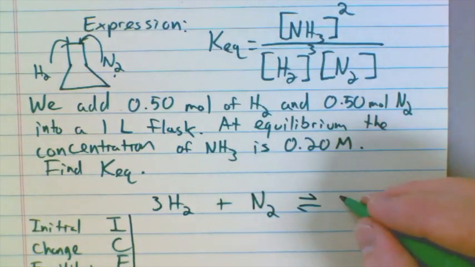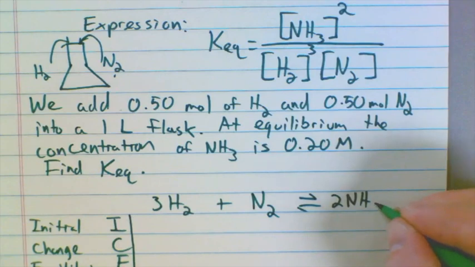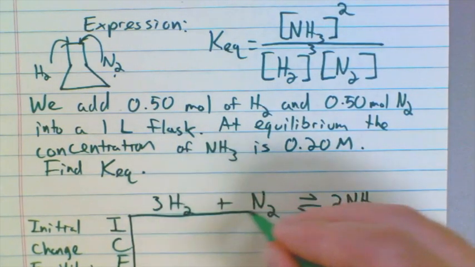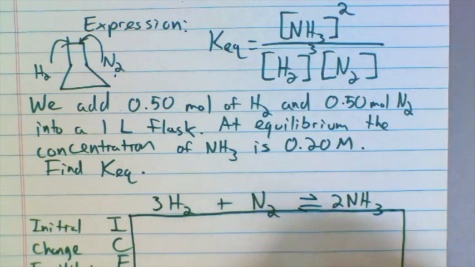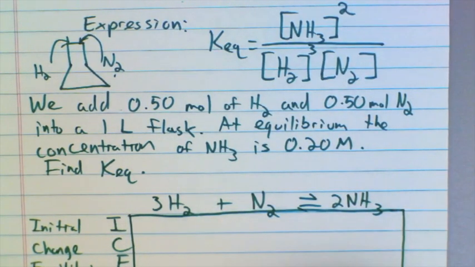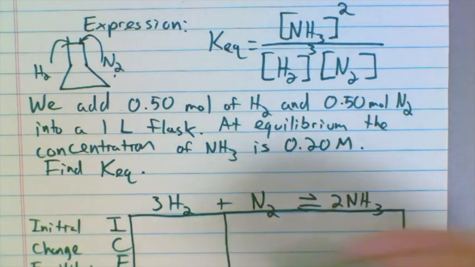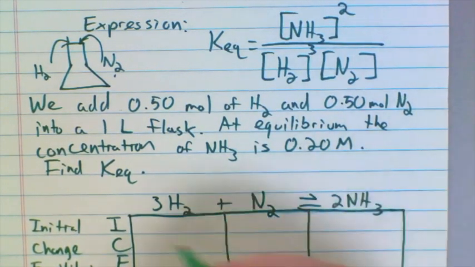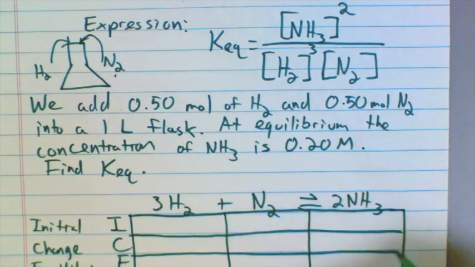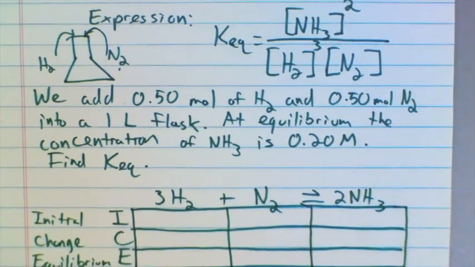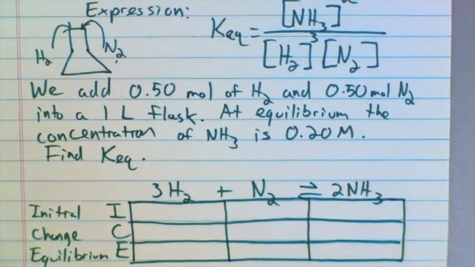So you're going to rewrite that. With my ice boxes, I always err on the side of being a little bigger, leaving myself room to write my numbers nice and big. So here's my ice box.